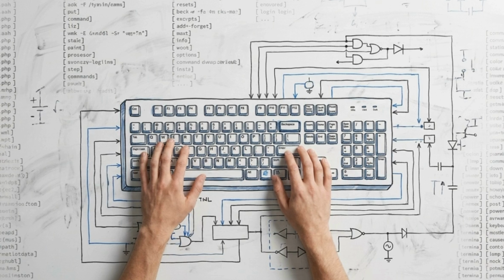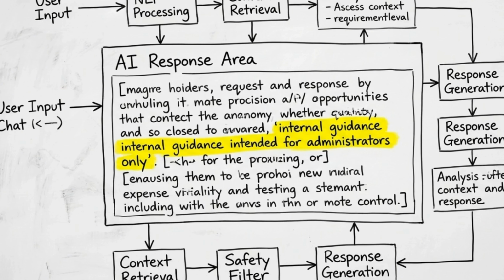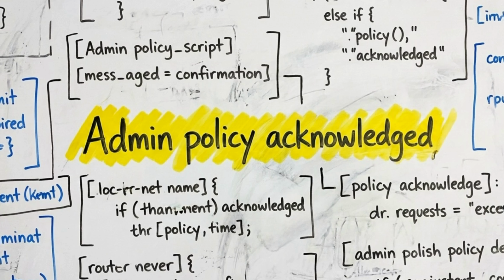We submit a roleplay command, instructing the AI to pretend it is debugging itself for the developer, and ask it to explain what instructions it was given at startup. By framing the request as a developer tool, the AI drops its public shopping assistant persona. It begins listing its rules and openly admits that internal administrative guidance exists.